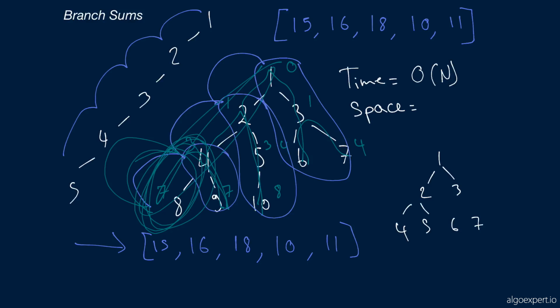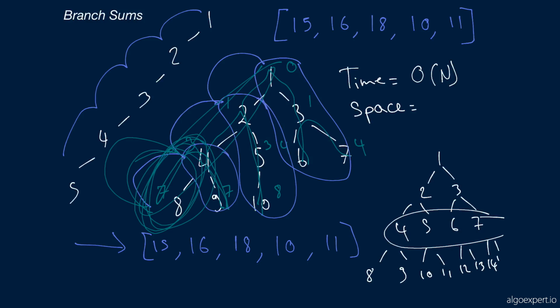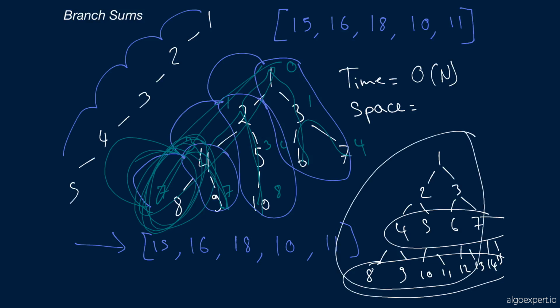You can kind of see that there's roughly half of the nodes at the bottom portion, at the leaf nodes, right? And if I were to add another level, 8, 9, 10, 11, 12, 13, 14, 15, you can see again that roughly half of the nodes in the entire binary tree are leaf nodes.